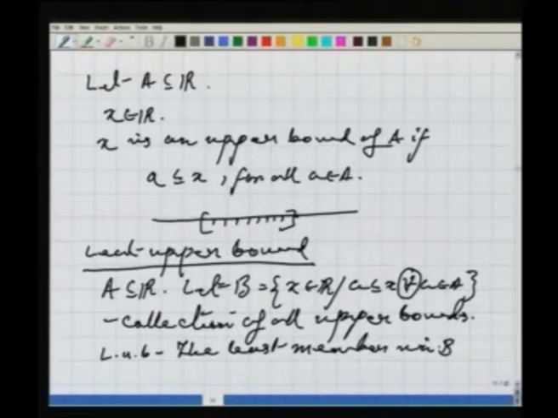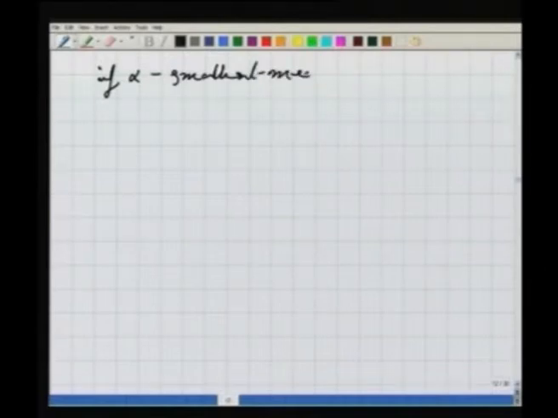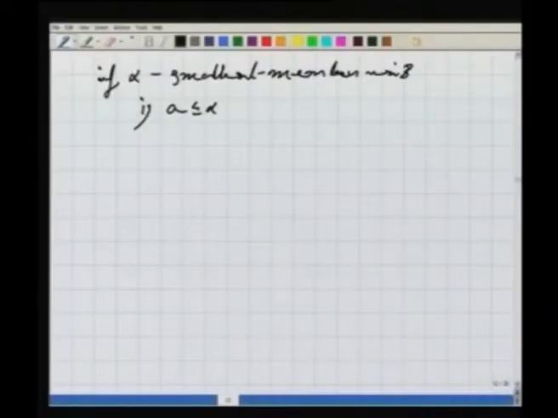In other words, it means the smallest member in the set B. That means, by definition, if alpha is the smallest member in B, as it is a member of B, it must be an upper bound of the set A. That is, the first condition is that a is less than or equal to alpha for all a in A. The second is that it is the least.